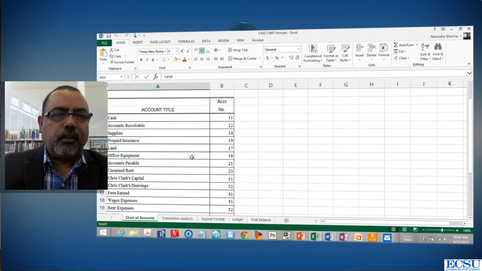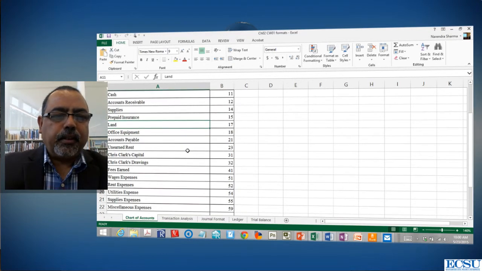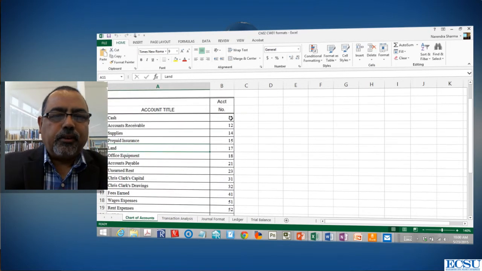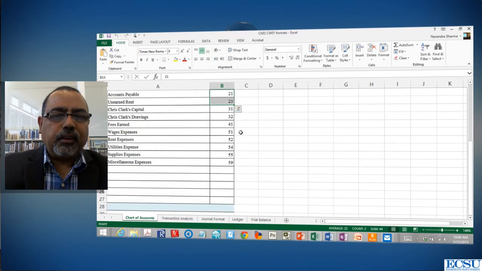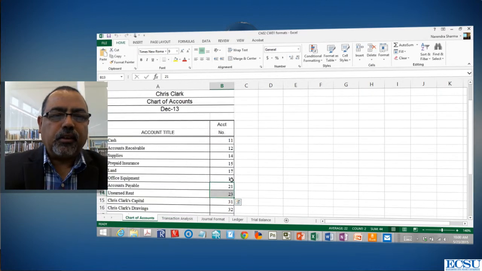So the chart of accounts here is cash, accounts receivable, supplies, prepaid insurance, land. As I have been saying to you, all asset accounts start with 1, liabilities start with 2, owner's equity starts with 3, revenue starts with 4, and expenses start with 5. So those are the chart of accounts.